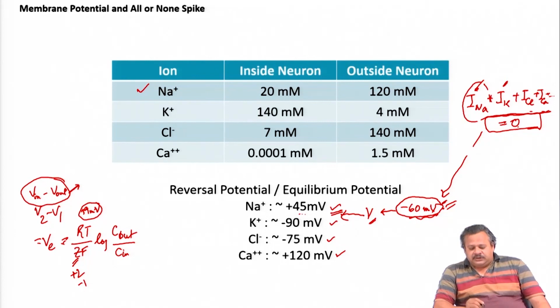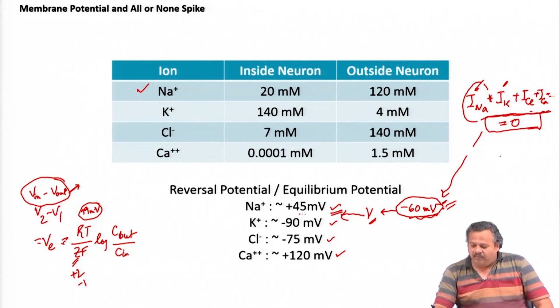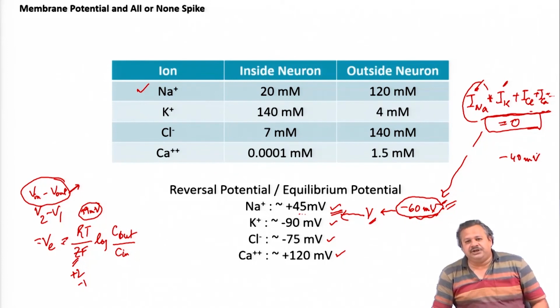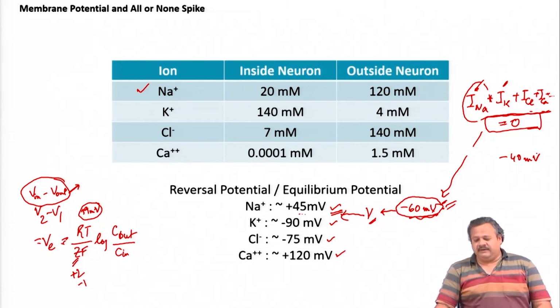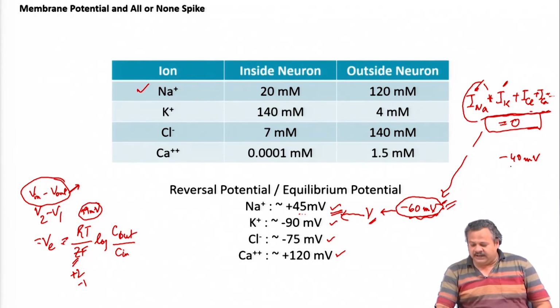So, just to explain, we have been saying that the membrane potential is pulled towards the equilibrium potential. Let us say the membrane potential is minus 40 millivolts, and at that time there is sufficient sodium conductance available. That means the direction in which the sodium ions will flow is such that the minus 40 millivolts is made to go towards plus 45 millivolts.